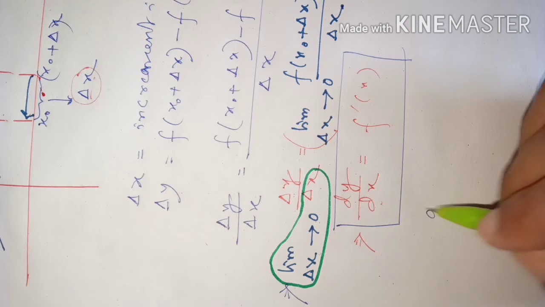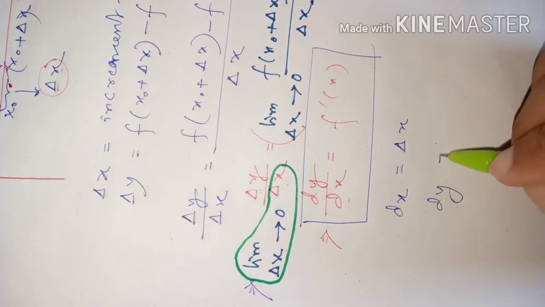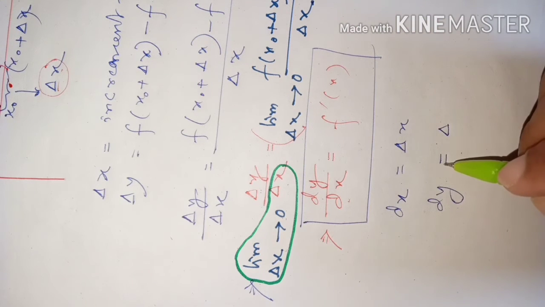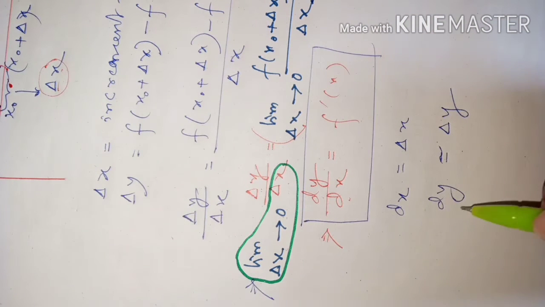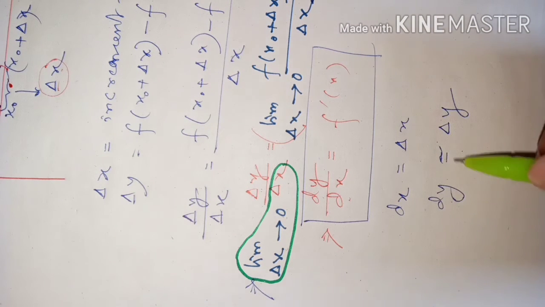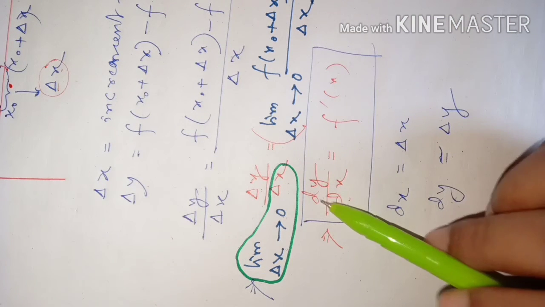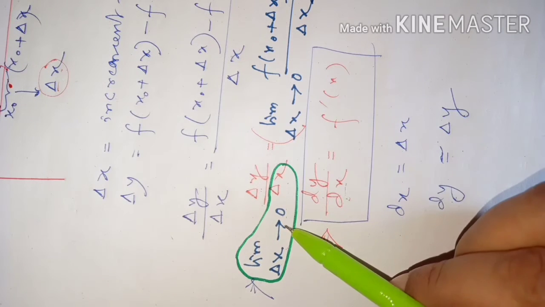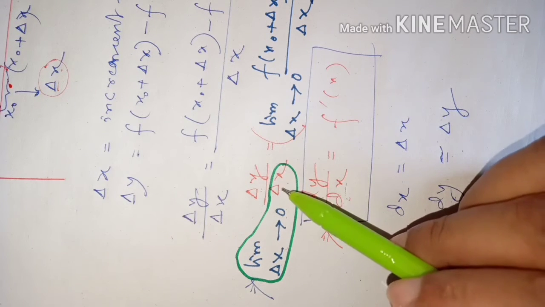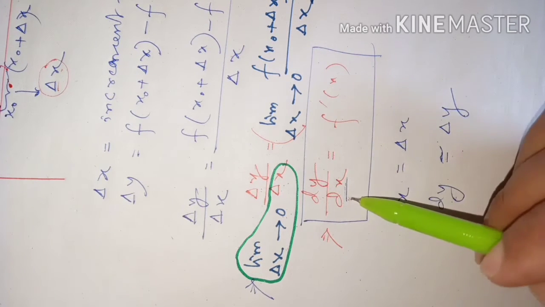In this case this dx is exactly equal to delta x, but this dy is not exactly equal to delta y, it is just approximately equal to delta y. Are you understanding, dear students? So we cannot say that dy is exactly equal to delta y, we have to say it is approximately equal to delta y, because as I told you here, in dy by dx, this dx we got from limit delta x tends to 0, when delta x tends to 0 it is termed as dx, and dx is exactly equal to delta x.